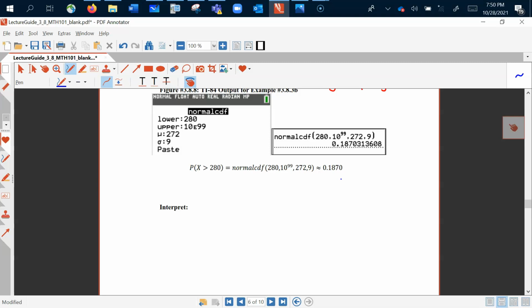You can interpret it for an individual: the probability of a random individual having a pregnancy more than 280 days is 18.7%. Or you can interpret it for the population: 18.7% of all human pregnancies last longer than 280 days. Let's go ahead and write both of those up, one interpretation for an individual and one for the population.